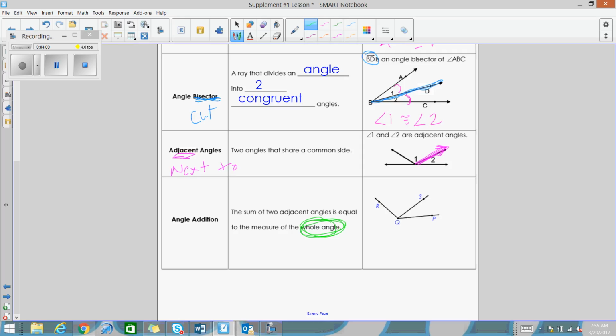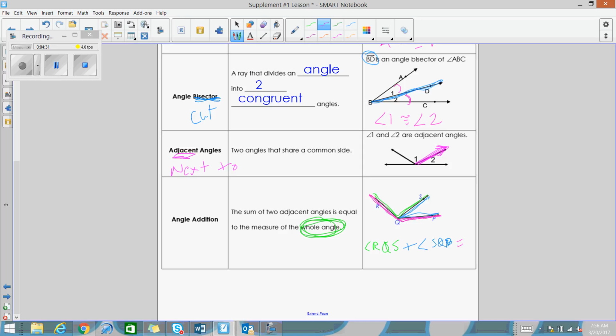If we were to take angle RQS, this angle right here, and add it with angle SQP, sorry, P, all right? So this angle plus the blue angle should add up and equal the big angle. That's called angle addition. You could take two mini angles and add them up and they'll equal this big one.